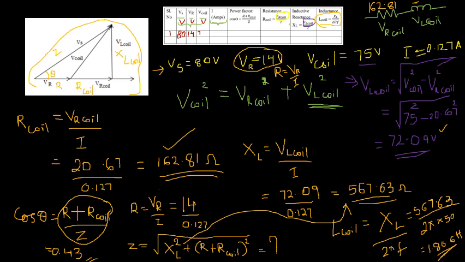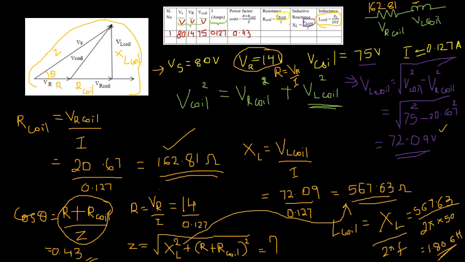Coil voltage is 75 volts and the current reading is 0.127, and the power factor, cos theta, is approximately 0.43.